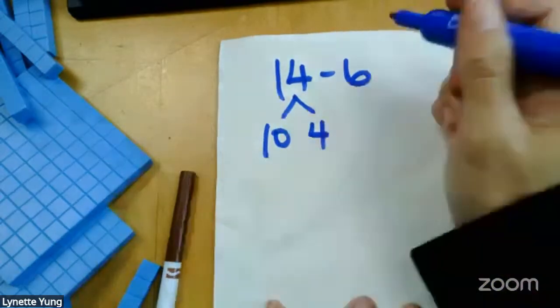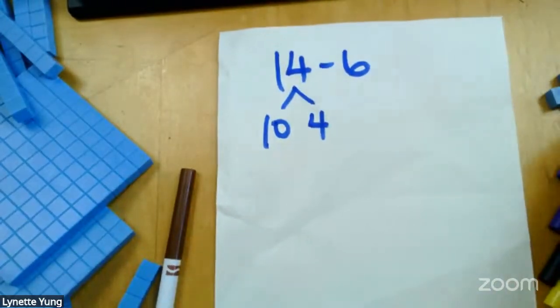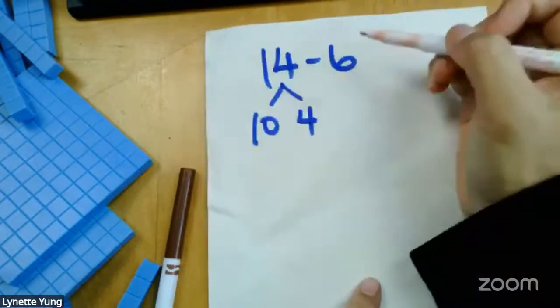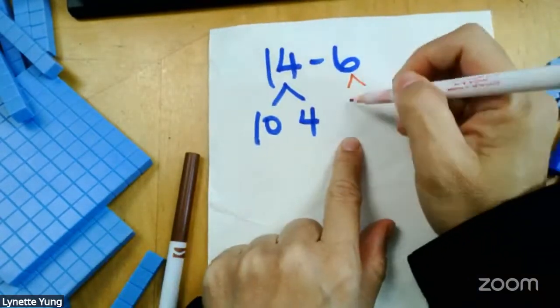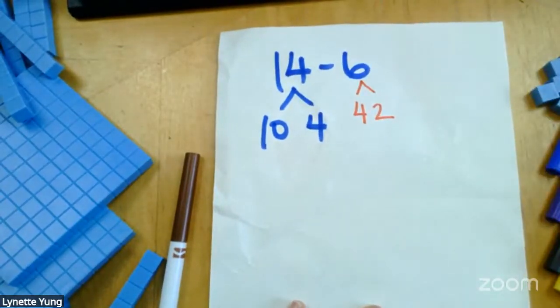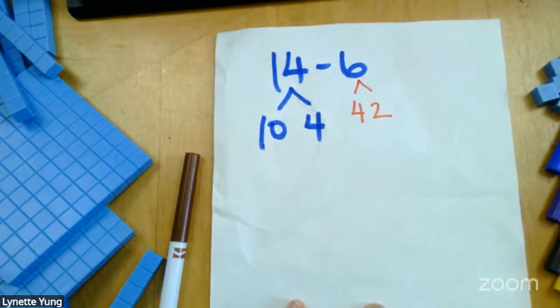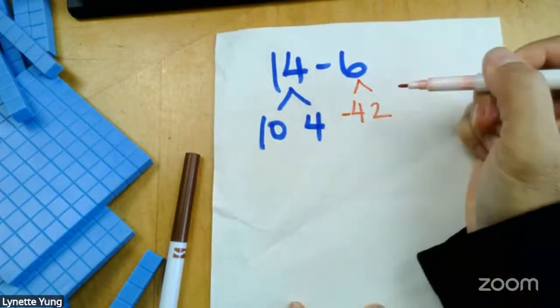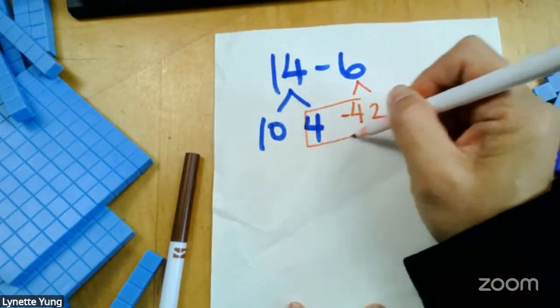So what they're doing, mainstream math, is taking this number and splitting it into 4 and 2. Because we're minusing, they group these two and this becomes 0.